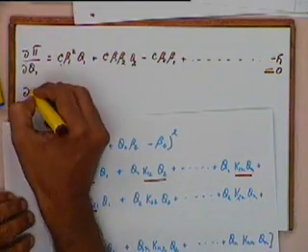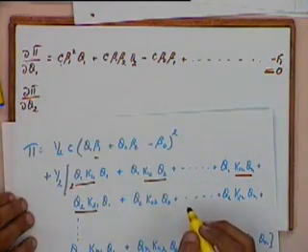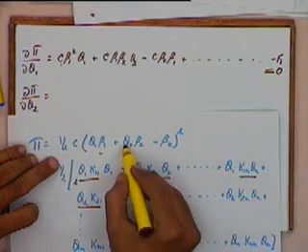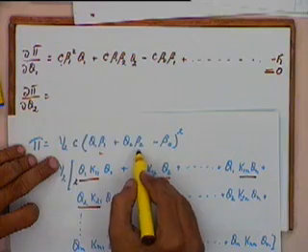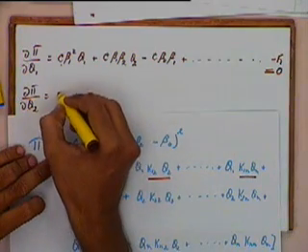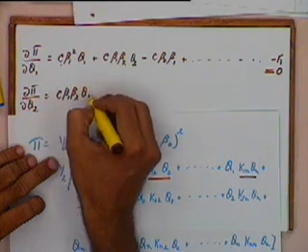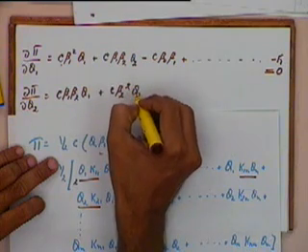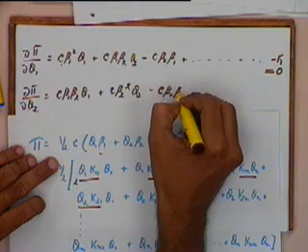Okay, similarly, if I take del pi by del Q2, if I differentiate this with respect to Q2, I will get this whole thing multiplied by beta 2. That will give me C times beta 1 beta 2 Q1 plus C times beta 2 squared Q2 minus C times beta naught beta 2.